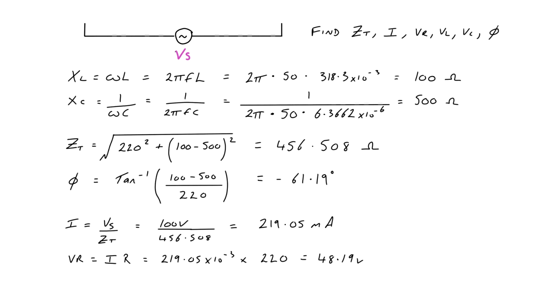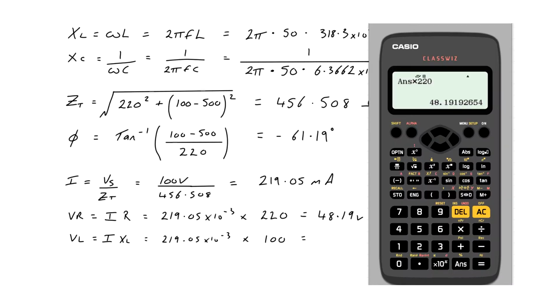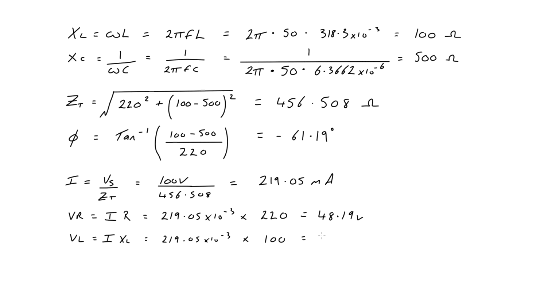And that's in phase with the series current, of course, from the phasor diagram. Voltage across the inductor is the current times the inductive reactance, 219 milliamps times 100 ohms. And that's 21.91 volts across the inductor, which is 90 degrees ahead of the series current.